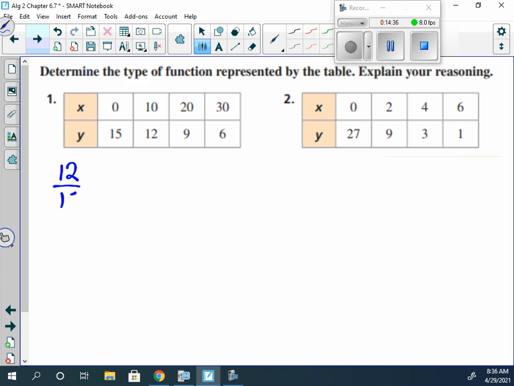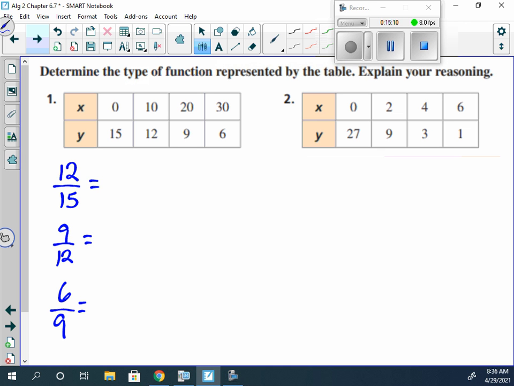We can check 12 over 15 to see if that's the same as 9 over 12, the same as 6 over 9. Nope. Sorry, 12 over 15, and then it would be 9 over 12, and then 6 over 9. I had them flipped for a second.